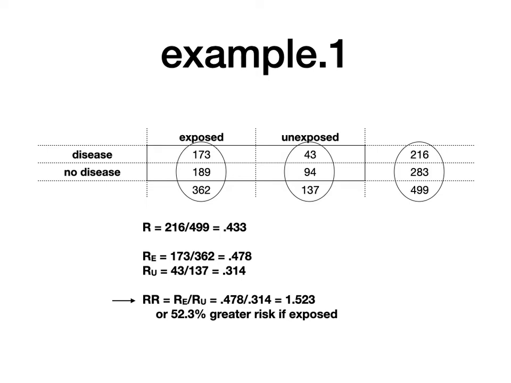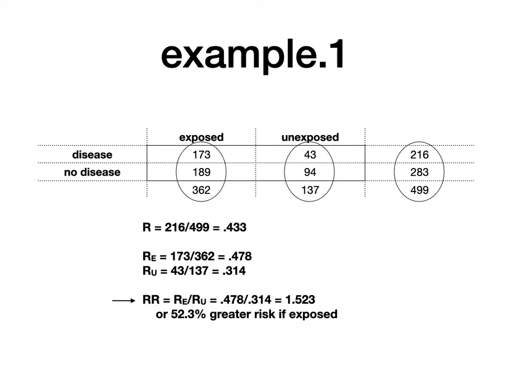And the risk of the disease is, if you look on the right there, 216, which is the sum of all that have disease, divided by the size of the population, which in this case is 499. So we have a risk of disease here of 0.433, or if you prefer, 43.3%.